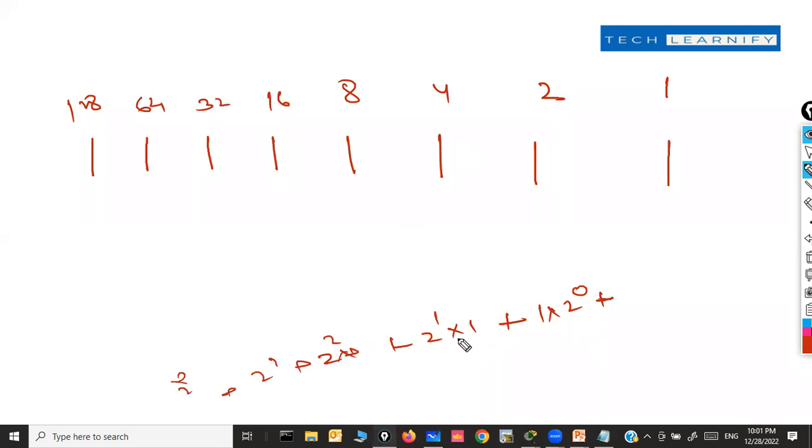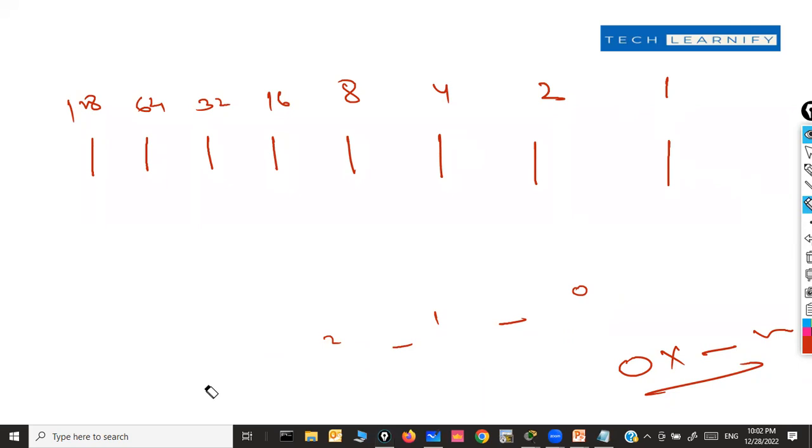Anything multiplied with 0 would be 0. From there this shortcut method is derived, but you don't have to know all this. Even this shortcut method is more than enough.